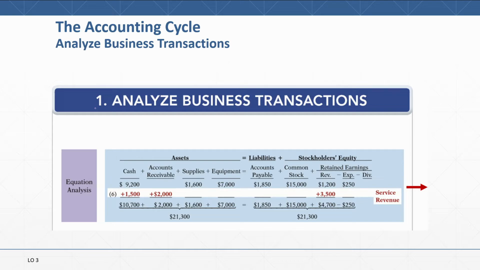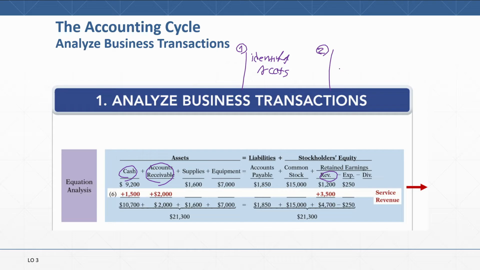The first one is analyzing business transactions. Here we need to take 3 sub-steps. First, identify your accounts. Is it cash? Is it account receivable? Is it revenue? Is it expense? Is it dividend? What account is involved in this transaction?